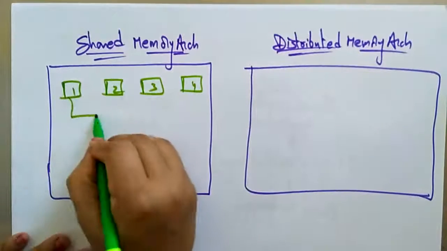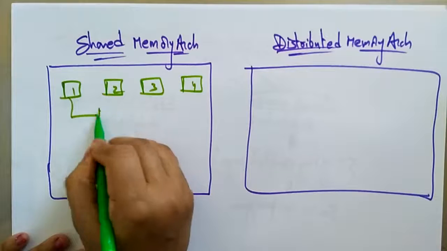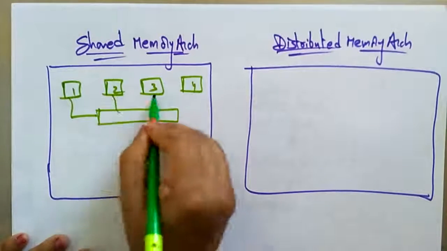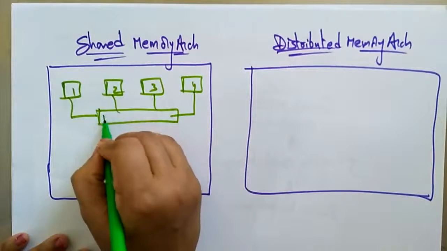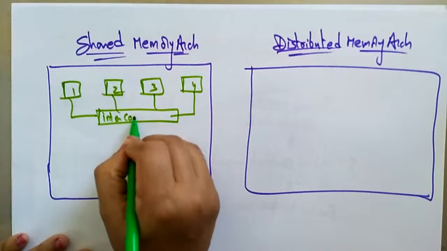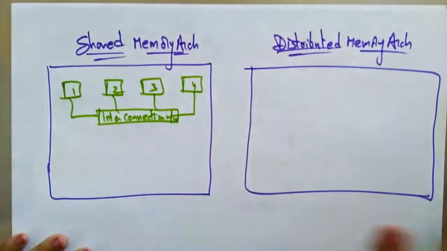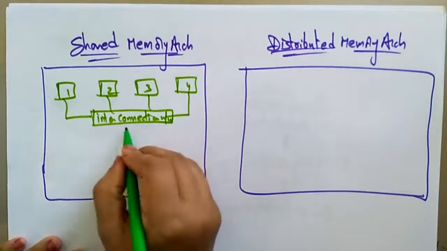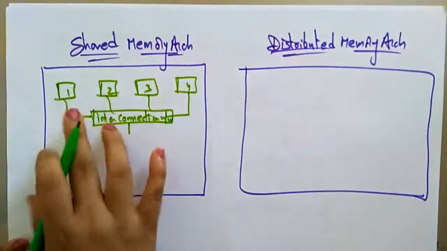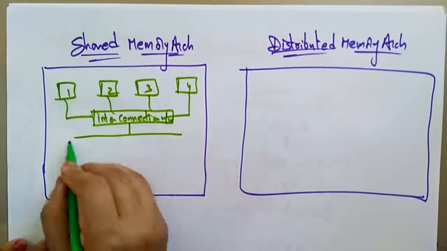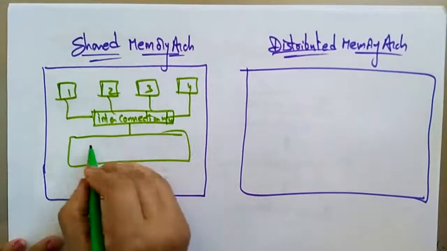These 4 systems have an interconnection network, meaning all are connected to each other. And all these systems are using only one memory, that is a shared memory.